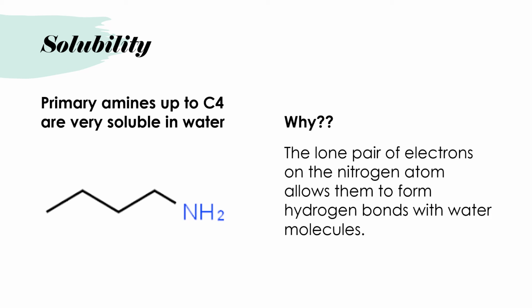And your reason here is that the lone pair of electrons on the nitrogen atom allows them to form hydrogen bonds with water molecules. So it's the lone pair on the nitrogen atom that allows them to be soluble. And with the short chain, then they have the freedom to do that without being blocked or being interfered with. So stop this now, pause it now, and write in the reason why on page 8.